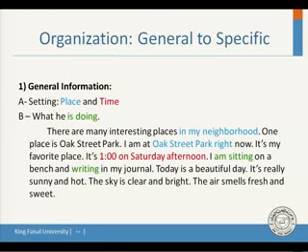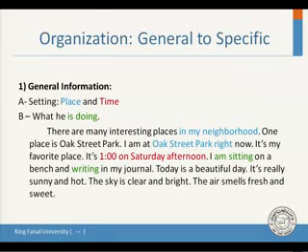I am at Oak Street Park right now. Okay, another place. It's my favorite place. So, this is the place where you are now. It's 1 o'clock on Saturday afternoon. What time is it? It is 1 o'clock.